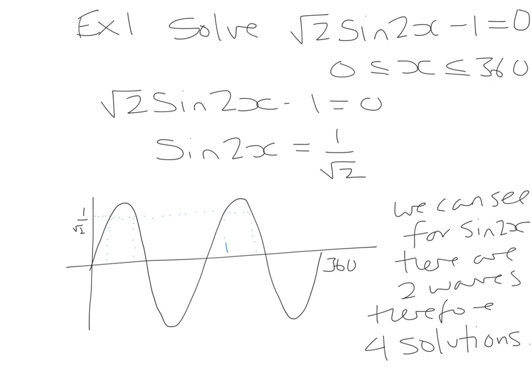So now on the next slide, we will go ahead and try to solve this. So we were at this stage here where we had sine 2x equal to 1 over root 2. We'll do the cast diagram anyway, although we have decided the quadrants really by looking at the picture of the graph. So we said that the y value is positive, so we're looking for sine positive, which is the first and the second quadrant.